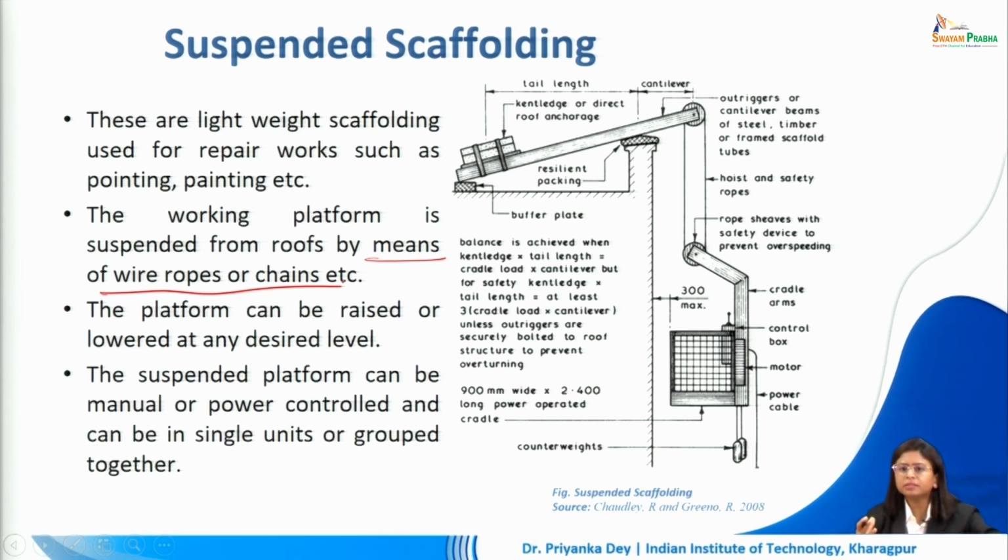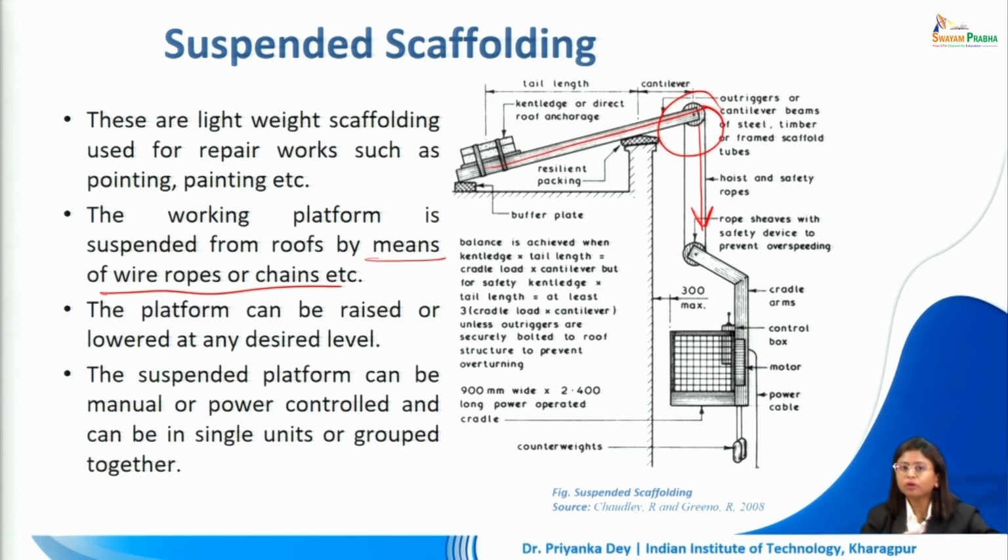So it's a very similar situation to pulleys. We have a pulley that is helping us suspend this. With this pulley, we can also change the height of the scaffolding. The suspended scaffolding can be moved along the height of the building, and accordingly we can do the work at different levels.